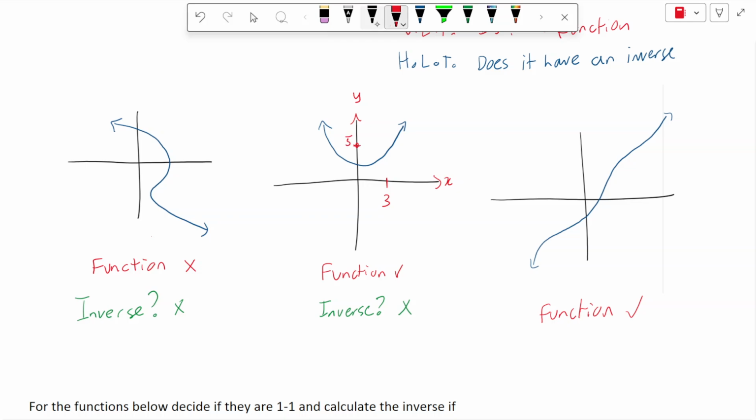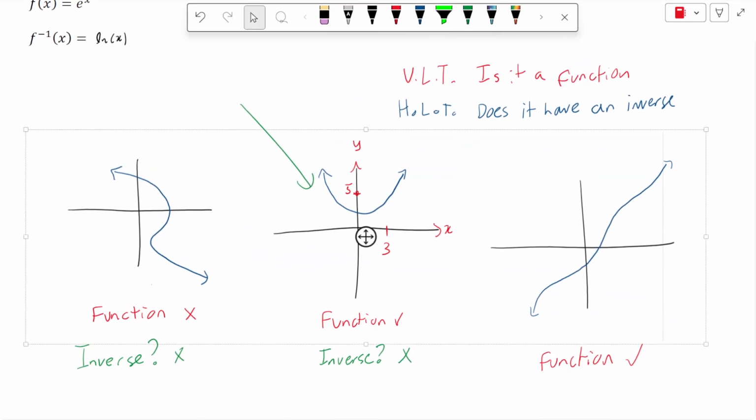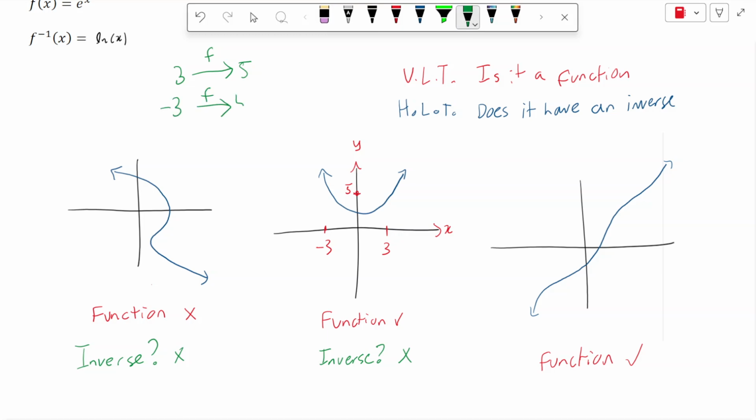If we plug 3 into our function, we get 5. But also, this point over here at -3 would give us 5. So you also have the situation where -3 into the function gives us 5.